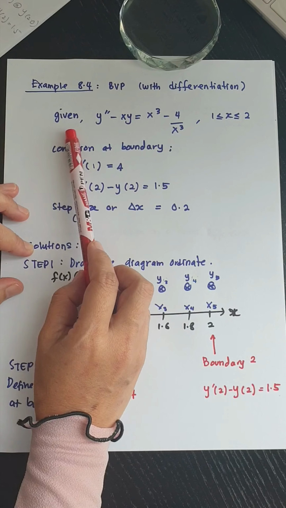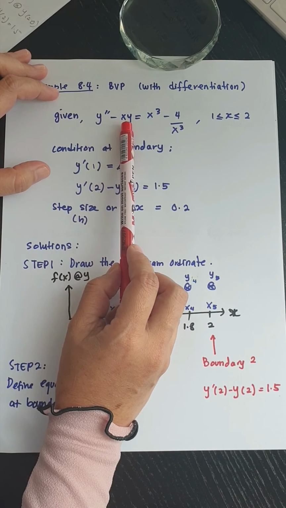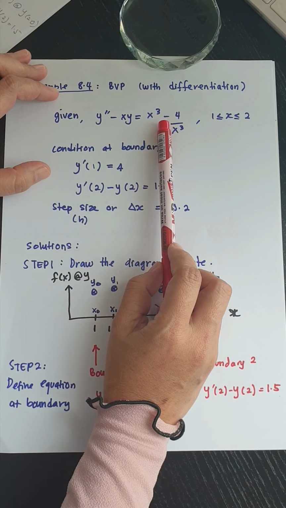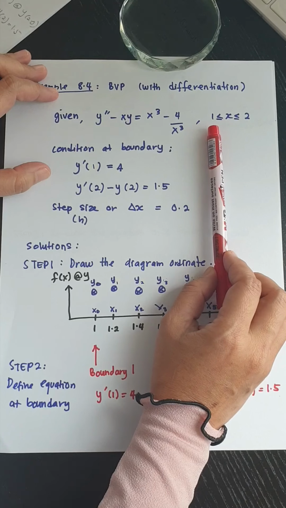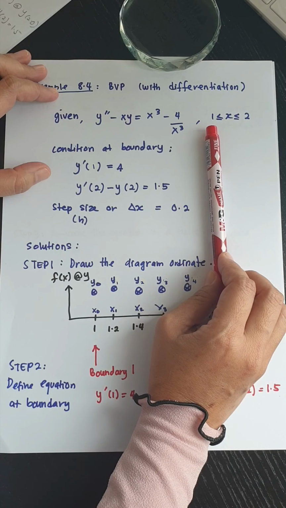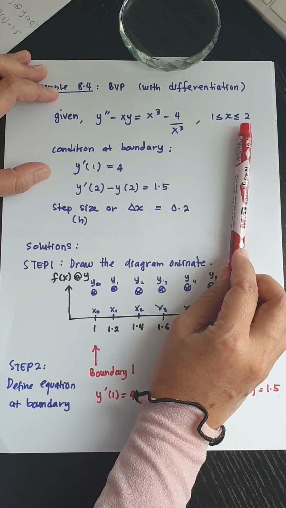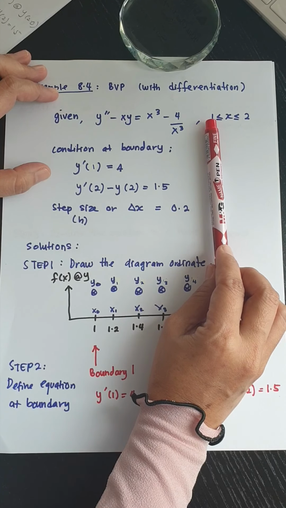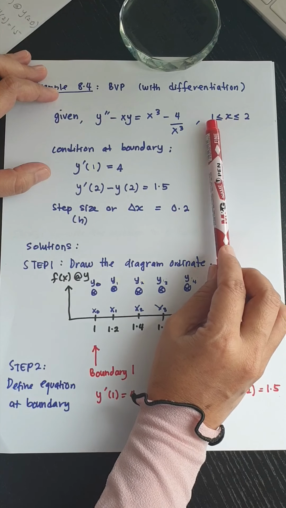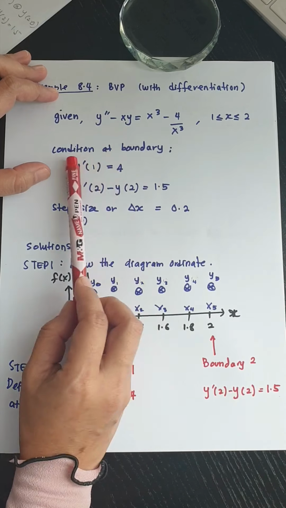Okay, so in this question, it's been given that y double prime minus xy equal to x to the power of 3 minus 4 over x to the power of 3, and the data was given in between x 1 and 2. This is the interval that you're going to find the values for.